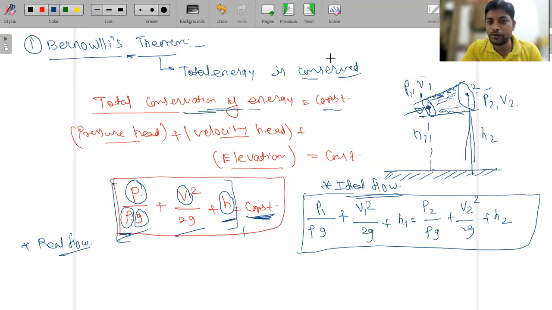But Arshad, we are considering fluid flow. This fluid can be air or liquid, that's not a matter, but there should be a passage. A passage means a tapered section, a pipe, or an open channel.